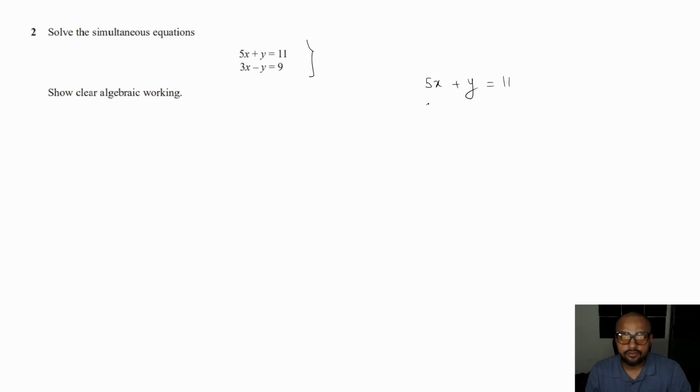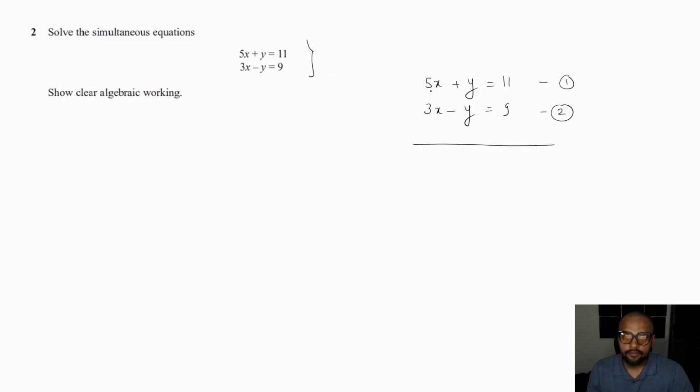We can see here, students, that the coefficient of y is the same in both equations and the sign of y is different. So we just need to add these equations. Let's suppose this is our equation number 1 and this is our equation number 2.